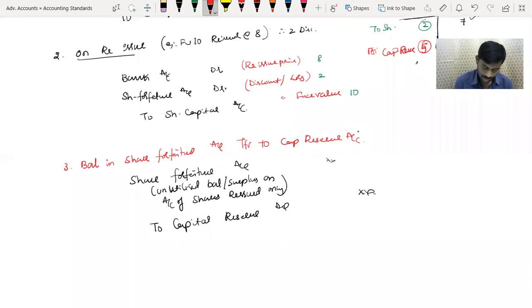So I repeat, this is the surplus you have to compute. Recognize surplus only on the number of shares reissued.